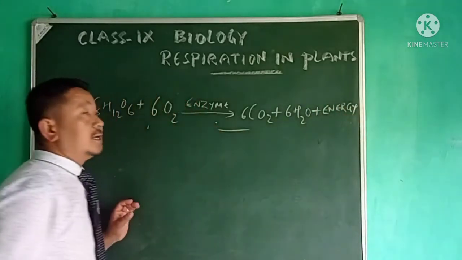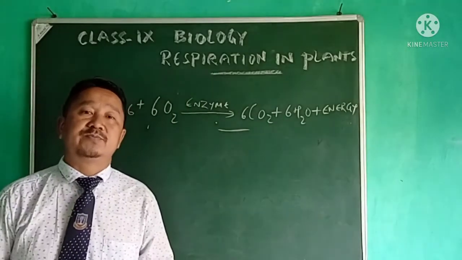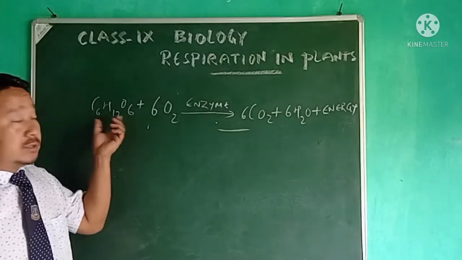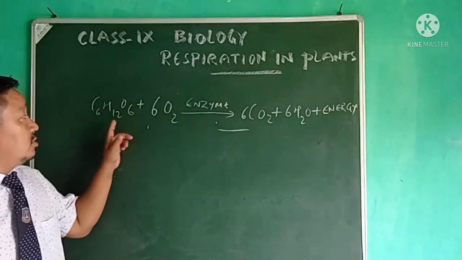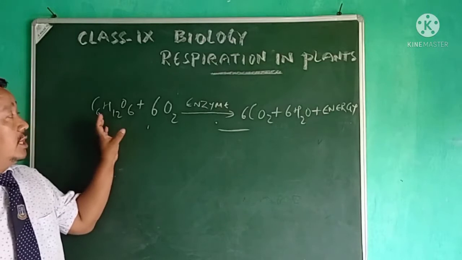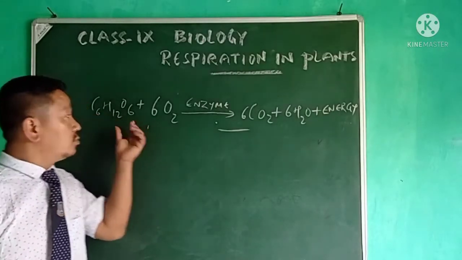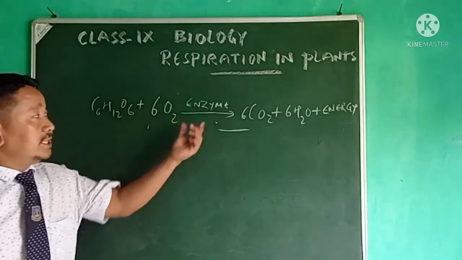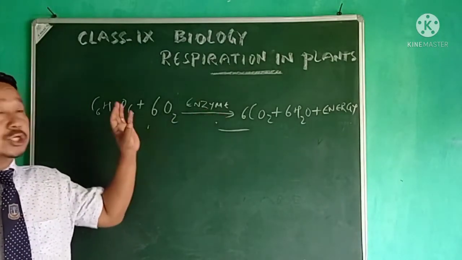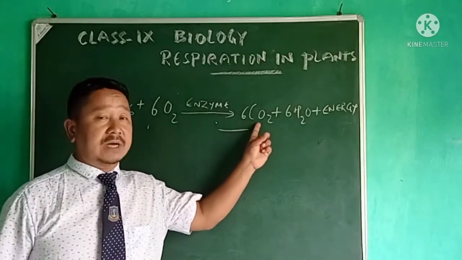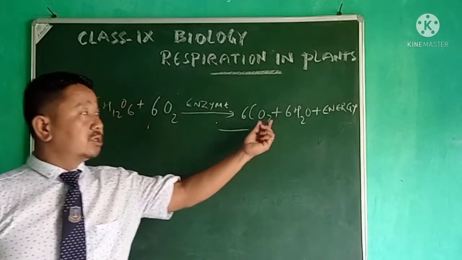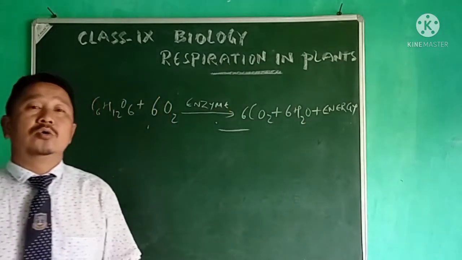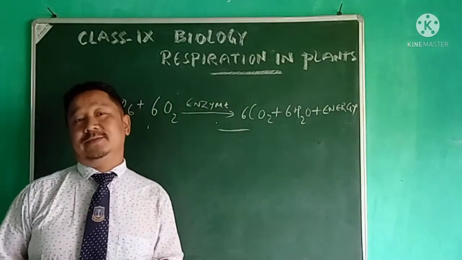This is the chemical equation of respiration. C6H12O6 is the glucose molecule. One mole of glucose will be oxidized by 6 molecules of oxygen in the presence of enzyme to produce 6 molecules of carbon dioxide, 6 molecules of water and energy. This is the overall equation of respiration.